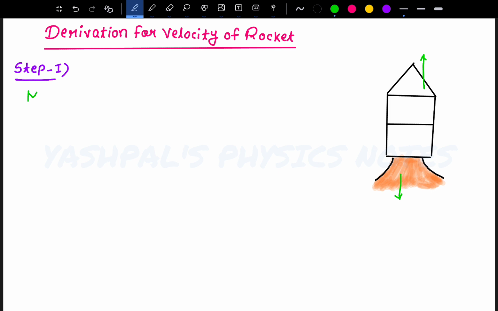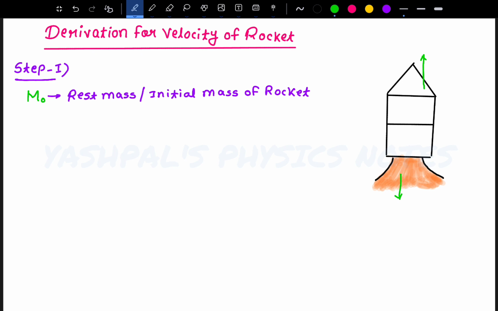Here I am writing m naught. Let m naught be the rest mass, or we can say initial mass of rocket, which means it is the mass before the rocket takes off from Earth.